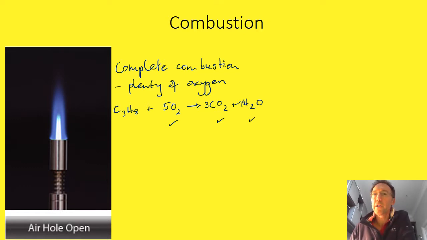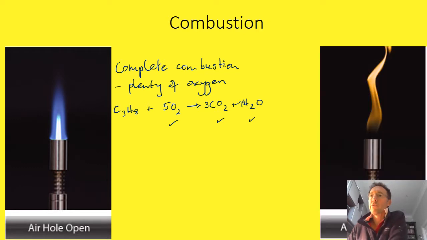So now we can move on to incomplete combustion, and this is a picture of a Bunsen burner with the air hole closed. So we've got less oxygen being able to get into the Bunsen burner and therefore mix with the methane. So we've got too little oxygen, insufficient oxygen.